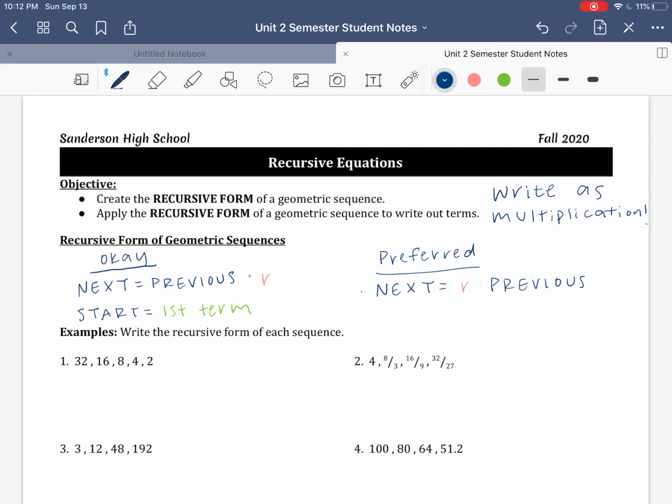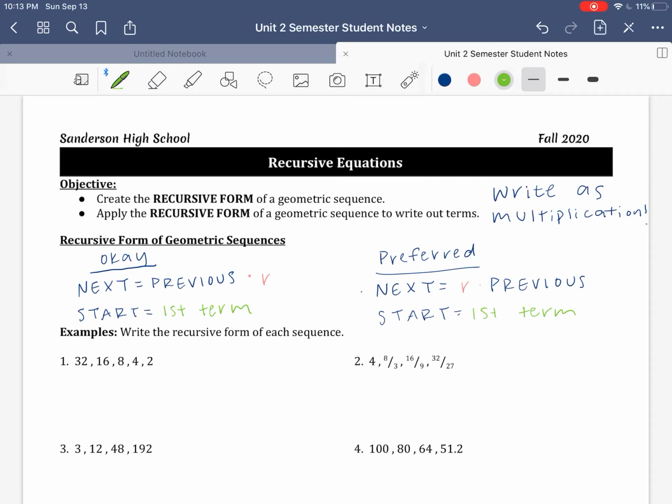And then the start number looks exactly the same. So still start at the first term. The reason this is more common, think about when we have something like 2x, we put the 2 in front. We don't as often see that as x times 2. Same idea here. We're going to put the number in front of the word. Again, both are correct, but you're probably going to see that preferred method more often.